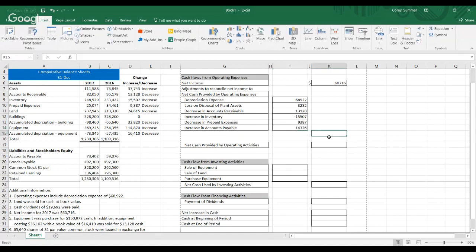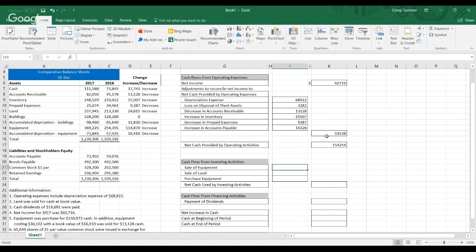And what we're going to do is add all of these, and that's going to give us 93,538. Now we're going to take our net income and add this amount, and that's going to give us our net cash provided by operating activities.